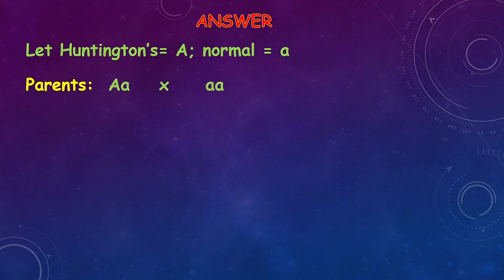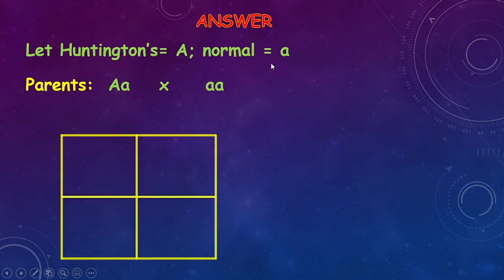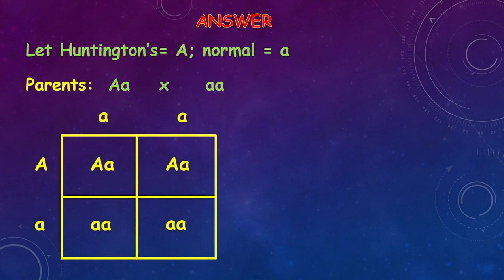So parent genotypes, I had one who's a carrier, heterozygous, and one who has no history of Huntington's, one who is completely normal. I draw the Punnett square, put my alleles, I fill in the spaces. So you should have gotten something the same up to this point. Again, if you switch these around, that's wrong.